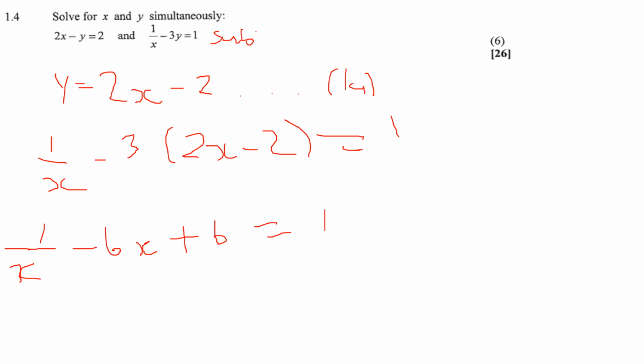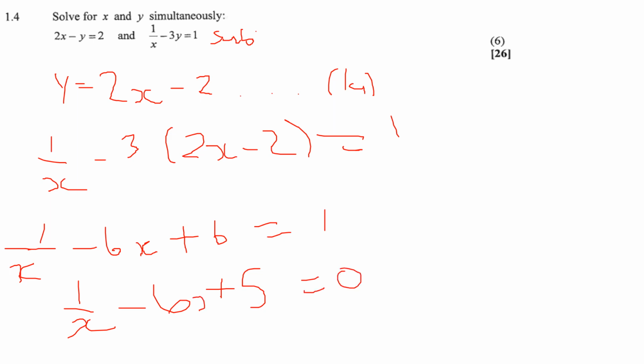Now you can transpose 1 to this side. Therefore, it's going to be 1 over x minus 6x plus 6 minus 1, which is going to give us 5.